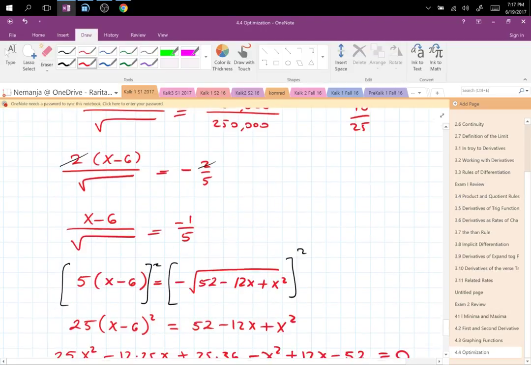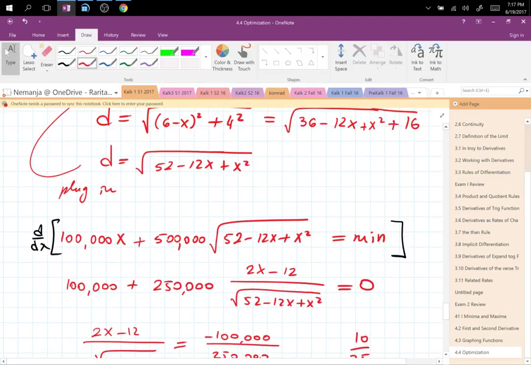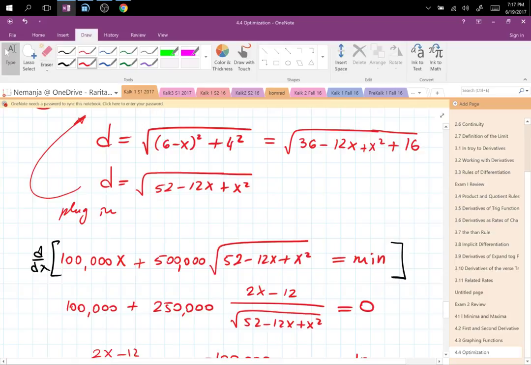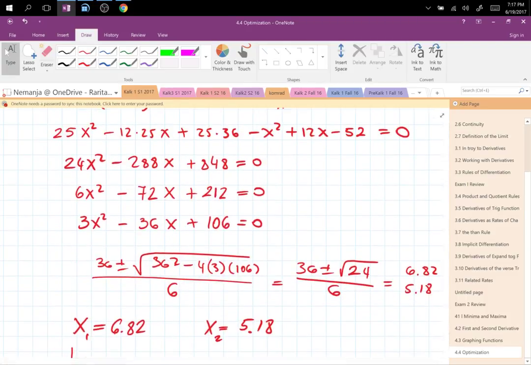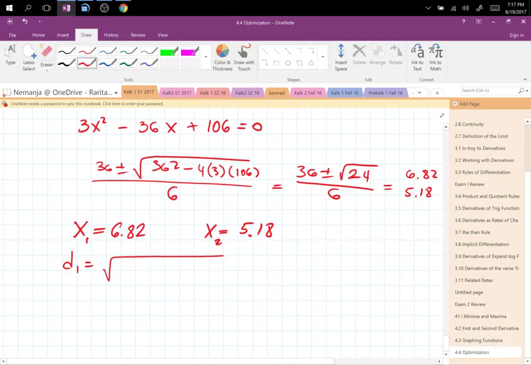So for d1, we have an equation that connects d and x right here. This is an important equation. So d1 will be 52 minus 12 times 6.82 plus 6.82 squared, right? And that's going to give you a number.